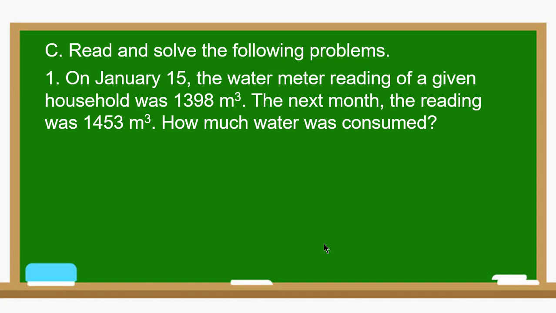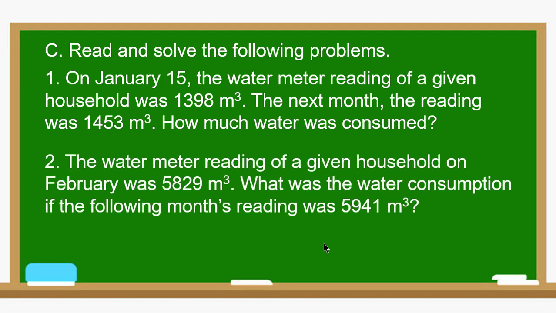The next month, the reading was 1,453 meter cube. How much water was consumed? Number 2. The water meter reading of a given household on February was 1,829 meter cube.